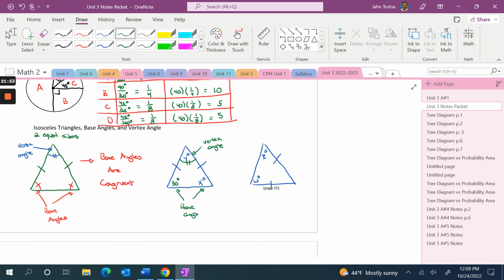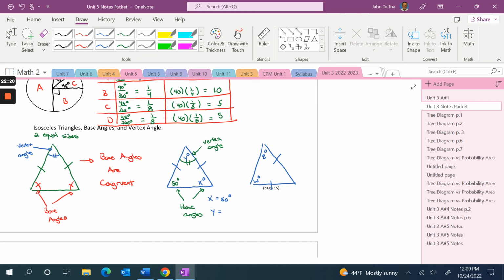So now the rule is the base angles are congruent. If one base angle is 50, that means the other base angle, which is x, would have to be 50 degrees. Then to find y, we use the fact that the three angles in a triangle always add up to 180 degrees.